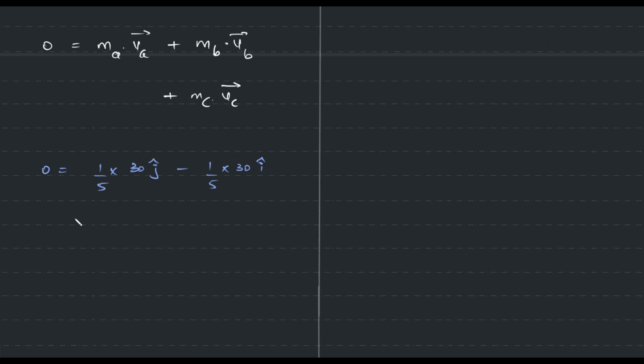And this is 3/5 times VC. So with a bit of rearrangement, the 5s all get cancelled, and VC will be 10 i cap, going to the right, and 10 j cap going down. So that is your velocity.